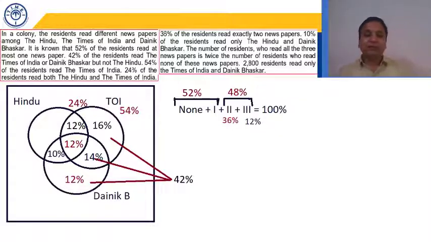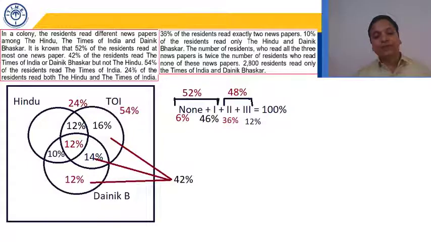If all three is twice of none, and all three is 12%, then none is 6%. Now none plus exactly 1 add up to 52%. So none is 6%, and we can safely say exactly 1 comes out to be 46%.